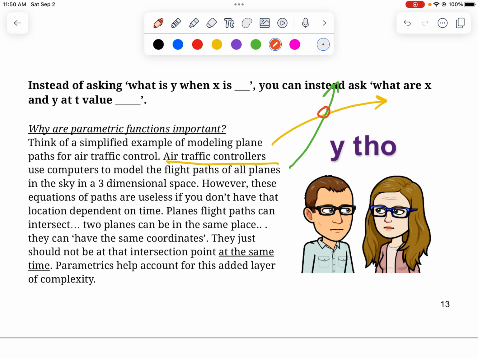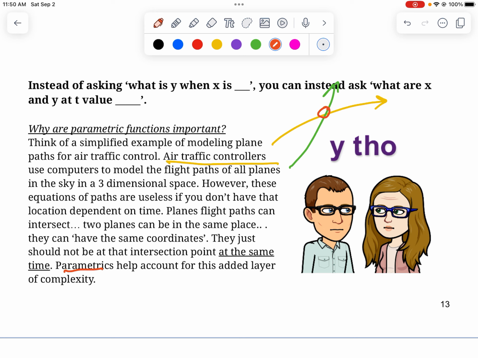It's fine that they both go through that point as long as they're not there at the same time. That's the issue. So the location is only part of the situation there. It would also have to consider the idea of time. And that is what parametrics allow us to do. They allow us to consider that third possibility.